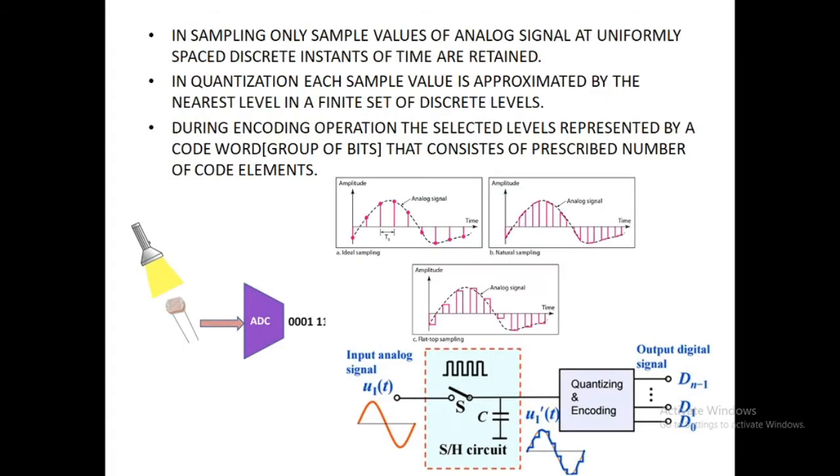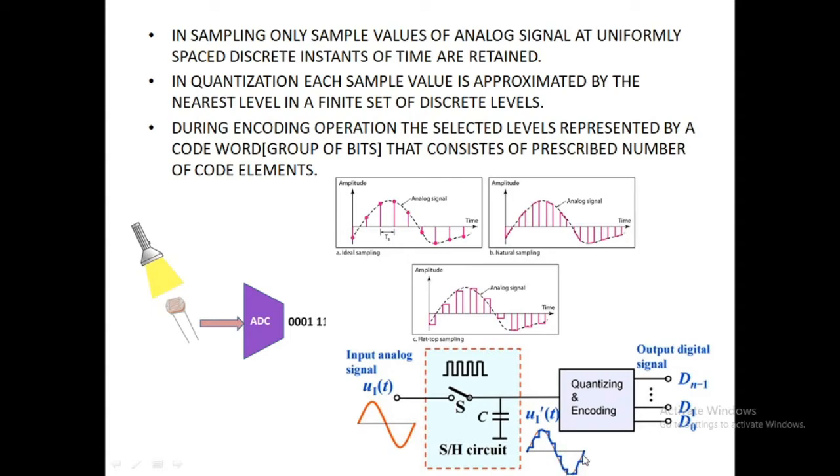How is it done? In sampling, only sample values of the analog signal at uniformly spaced discrete instants of time are retained. Here the analog signal which we send through a sample and hold circuit results in sampled values of the original analog signal.